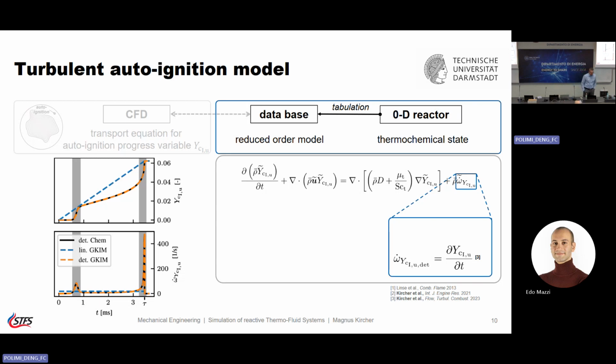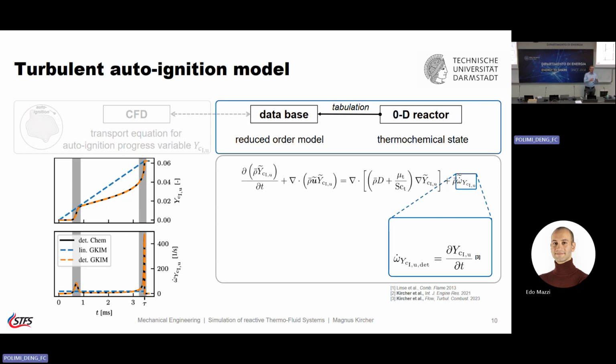Yeah, I got the question. So in the end, what we need to assume is that by tabulating enough of these homogeneous reactors, we are able, by lookup to the single homogeneous reactors at a certain state, to resemble the overall evolution of the unburned mixture in the CFD.